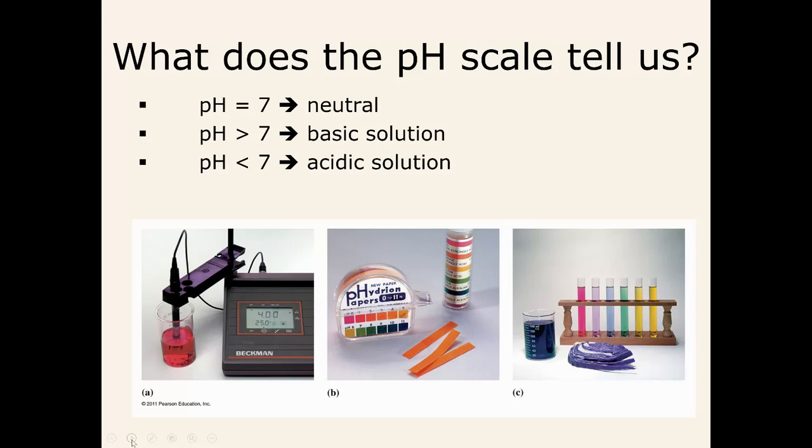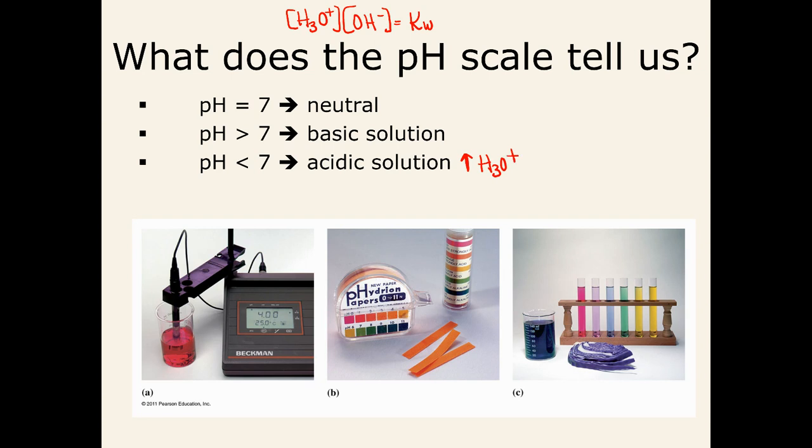Okay, so now let's think about this. I'm going to put our expression up here for Kw. So neutral, hydronium and hydroxide equal each other. But when we have, and let's start with the acidic one, when we have an acid in solution, we see an increase in H3O+, because that's what acids do.